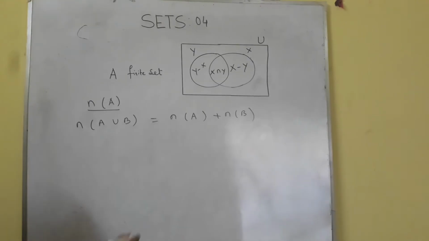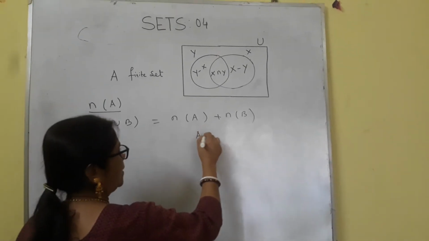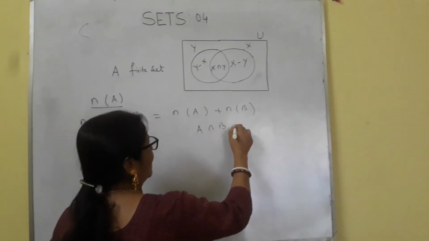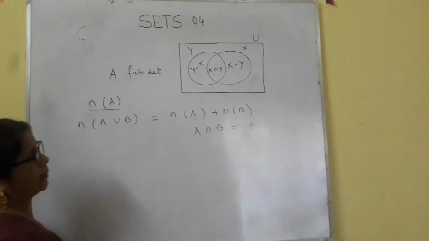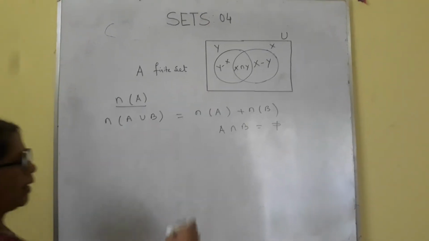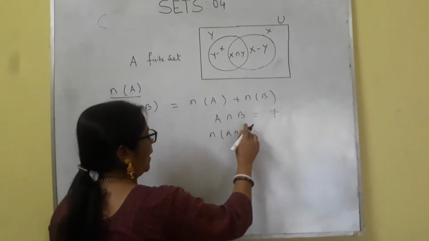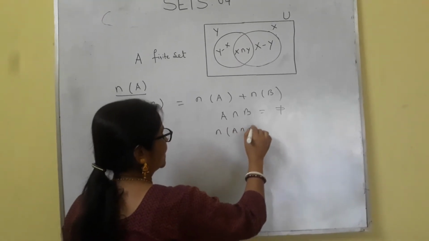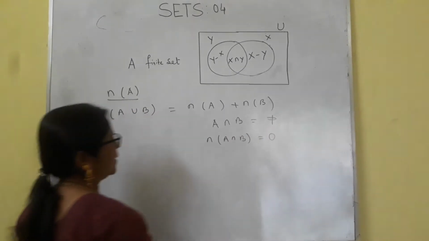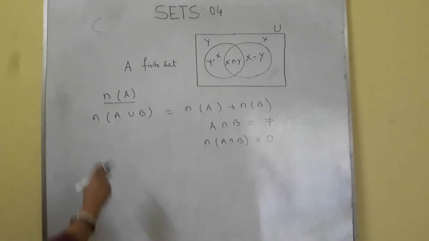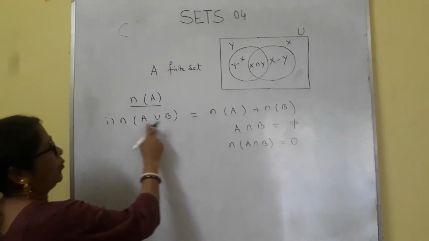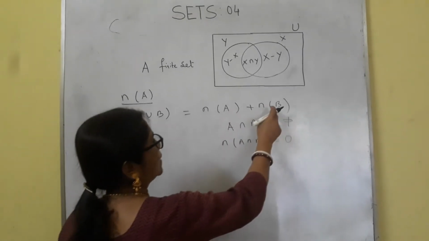When can we write this? When A intersection B is a null set, that means A intersection B has no element. The number of elements in that case is 0. So n(A union B) is n(A) plus n(B).